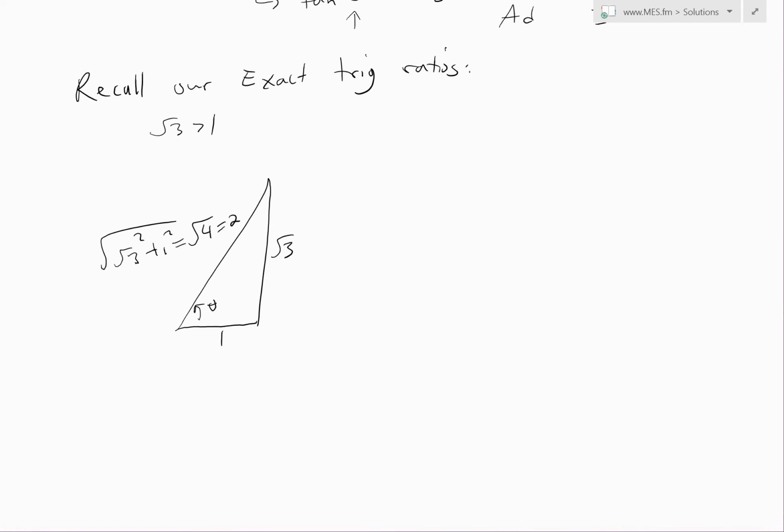So this hypotenuse is equal to 2. And if you recall from my earlier video, because this is the opposite, this angle right here is going to equal 60 degrees, which in radians is just pi over 3 radians.